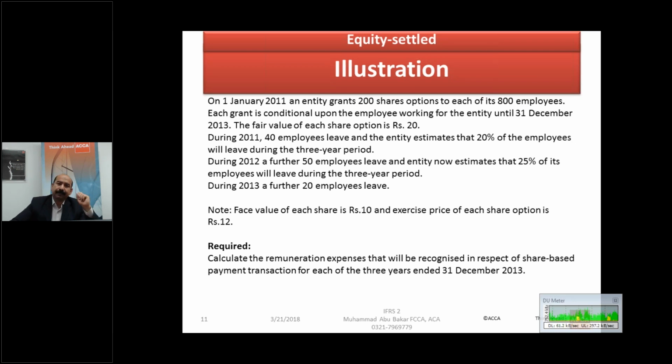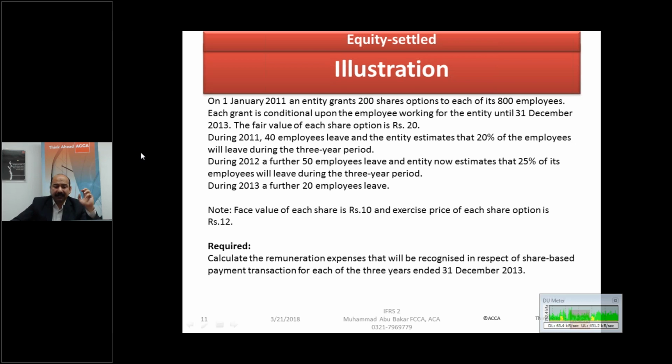One, it is giving the actual number of employees who left, and the second, it is giving a cumulative picture including this 40. So this is the picture at 2011. While making calculations of the remuneration expense in respect of this equity settled share-based payment, we shall be ignoring the information given about 2012 and 2013, because practically at the end of 2011, we shall not be having this information.